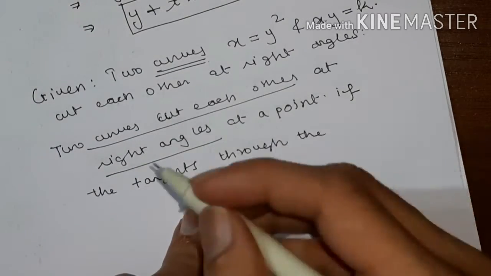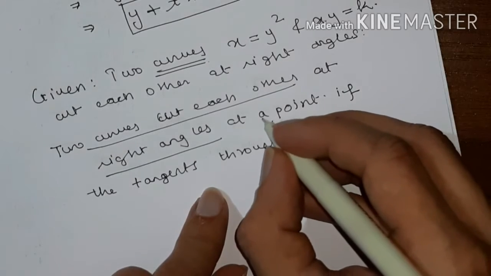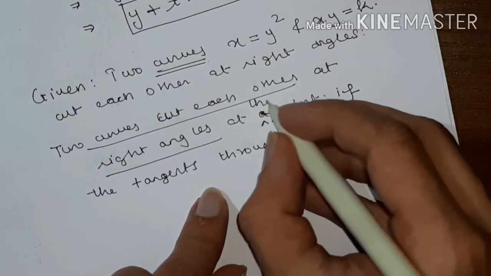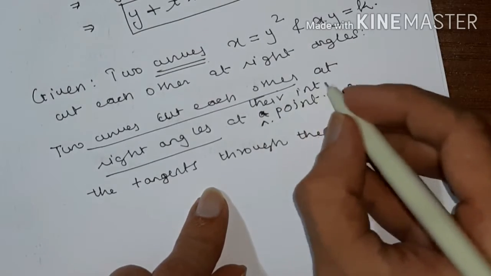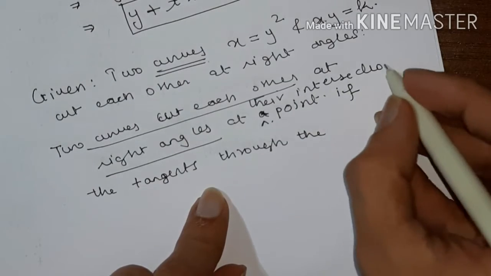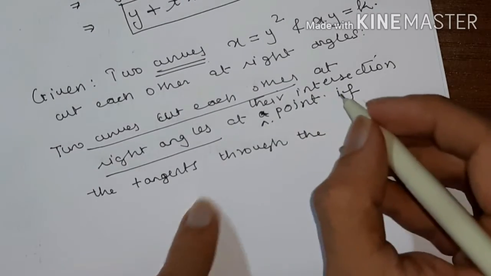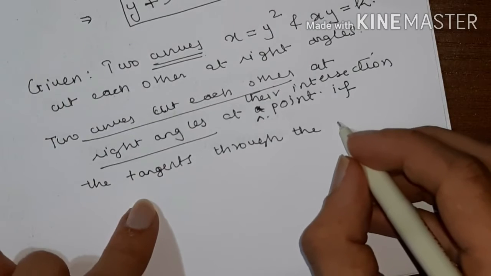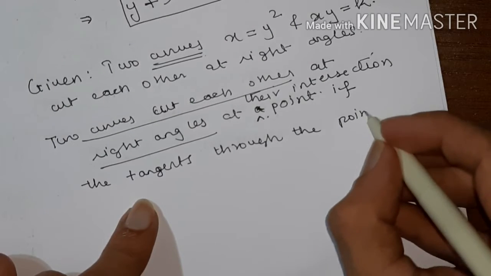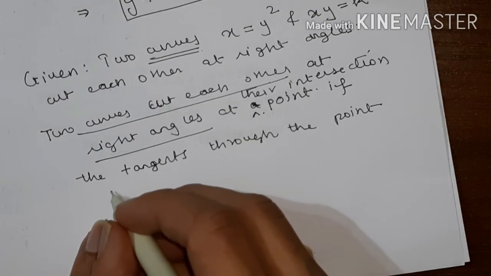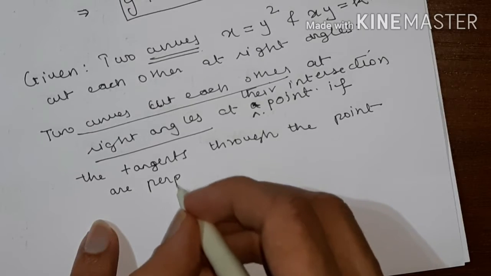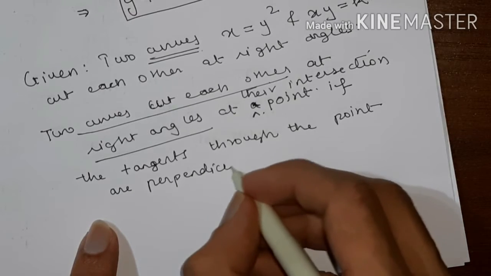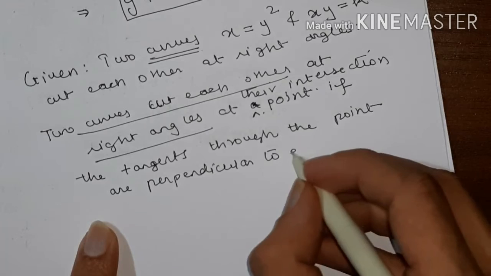So two curves cut each other at right angles at their intersection points if the tangents through the point are perpendicular to each other.